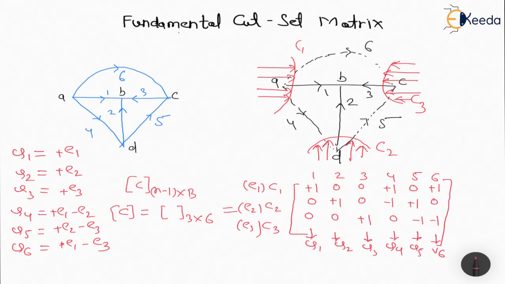So here we have written the branch voltages v1, v2, v3, v4, v5, v6 in terms of the cut set voltages E1, E2 and E3.